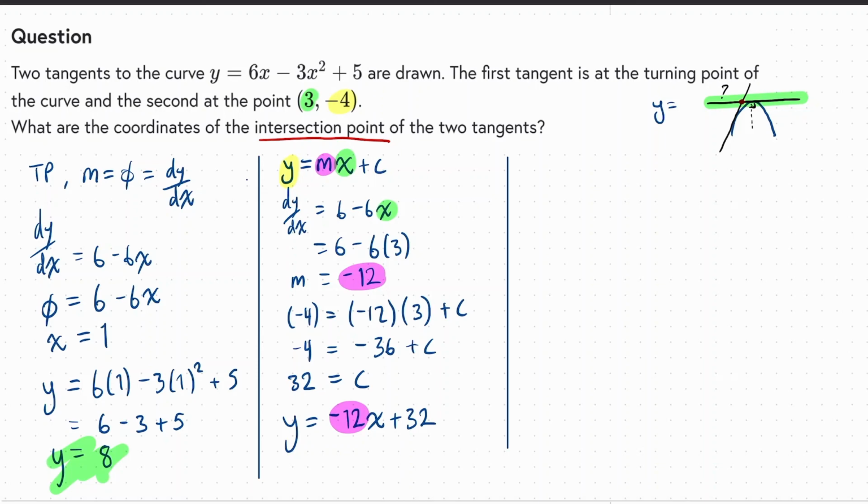I have my two equations, y equals 8 and y equals -12x plus 32. I set them to be equal to each other. Right? That's what it means to intersect. And I'm going to solve this as a linear equation.